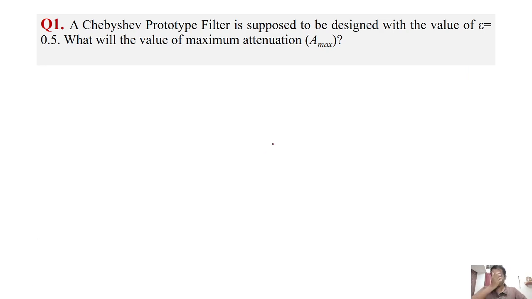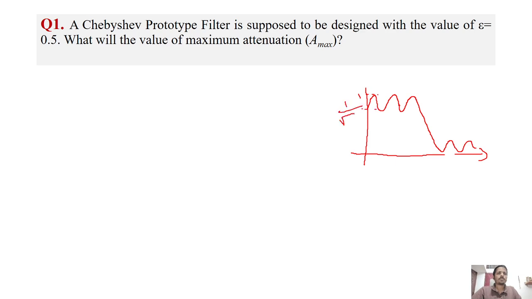Before that, let us quickly revise what the Chebyshev filter's magnitude response is. As you will be remembering, the Chebyshev filter will be somewhat like this. This is 1 and this is 1 by root of 1 plus epsilon square.